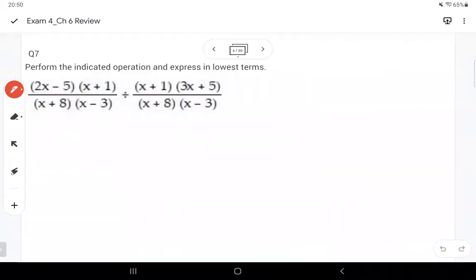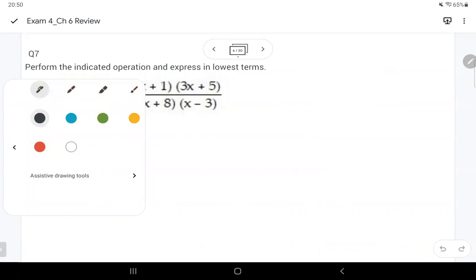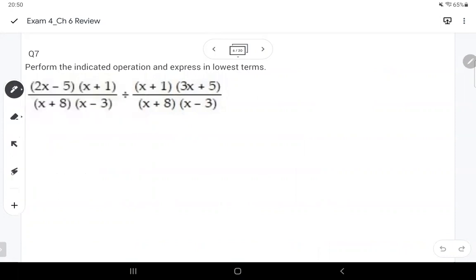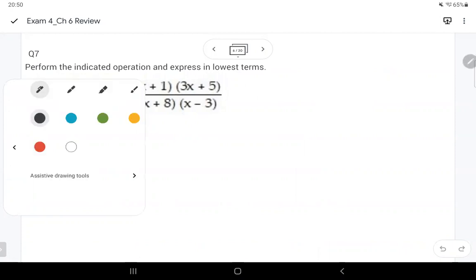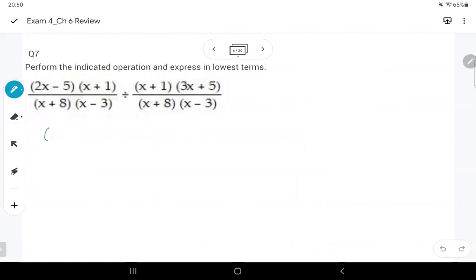All right. This one's really nice. You don't even have to do anything but do the flipping and the multiplying by the reciprocal. You don't even need to factor because it was done for you. So already in a factored form.